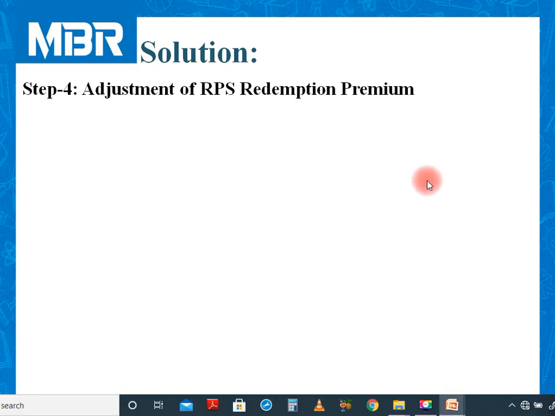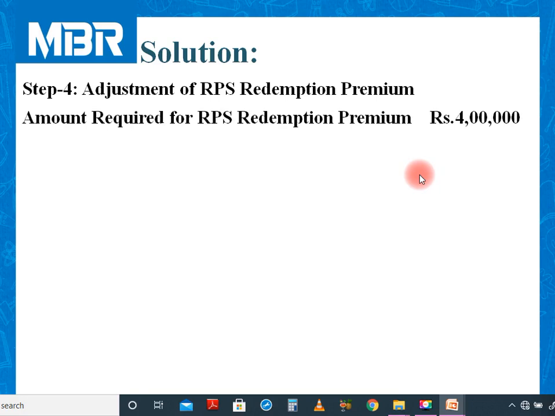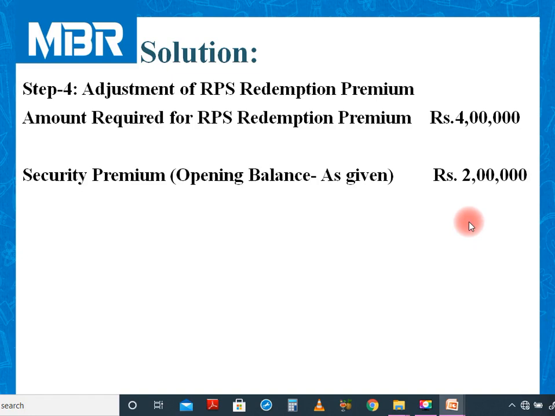Check the liability side of the balance sheet. We have rupees 4 lakhs. We are in need of rupees 4 lakhs as RPS redemption premium. Now check the balance sheet given by the examiner.